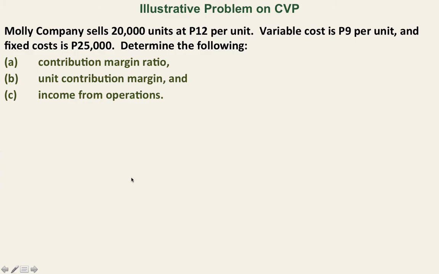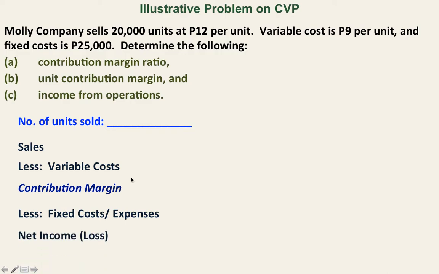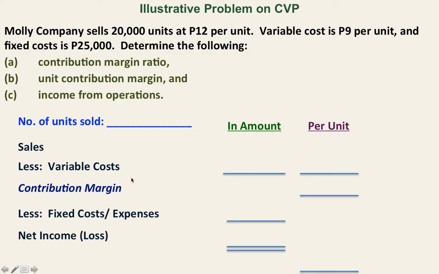As I have said, let us use our template. Sales less variable cost equals contribution margin, less fixed cost equals net income or loss. Then we have to present this in amount, per unit, and ratio.